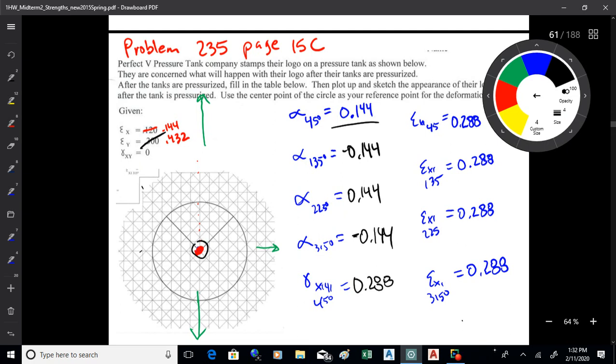Now, how many boxes do we have? Now this is our reference right here. That's where we're going to start, from the red dot. When you're doing this deformation stuff, you have to declare a reference. All right. Now how many boxes do we have that make up the radius? 1, 2, 3, 4, 5.